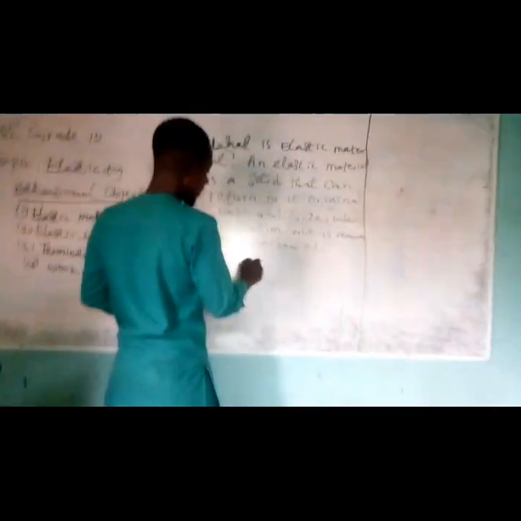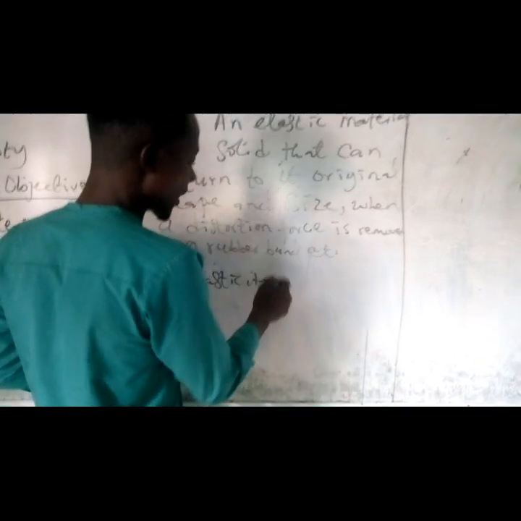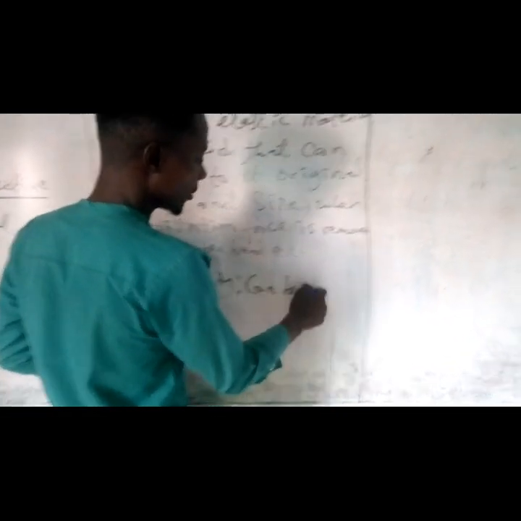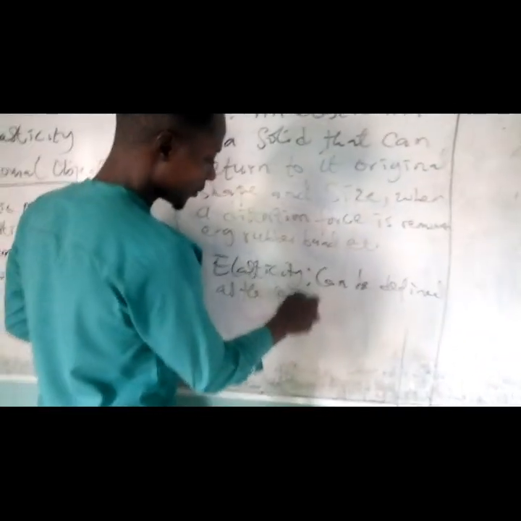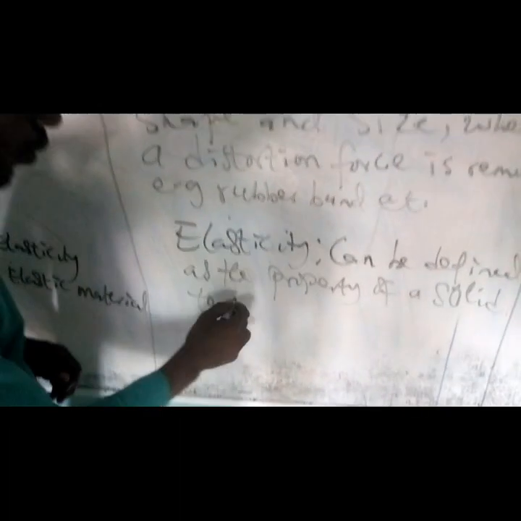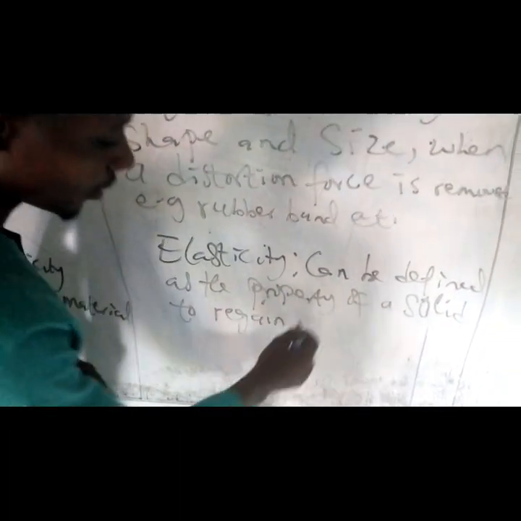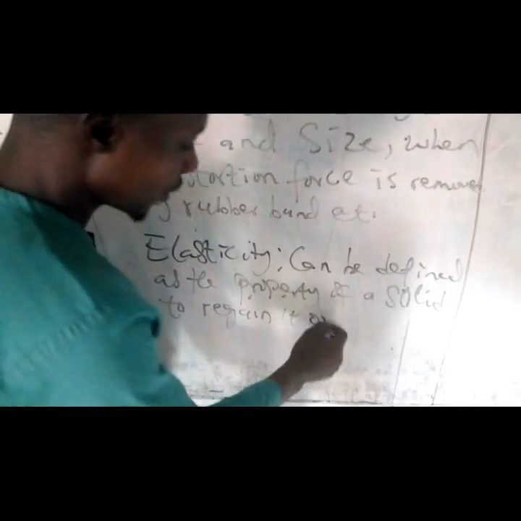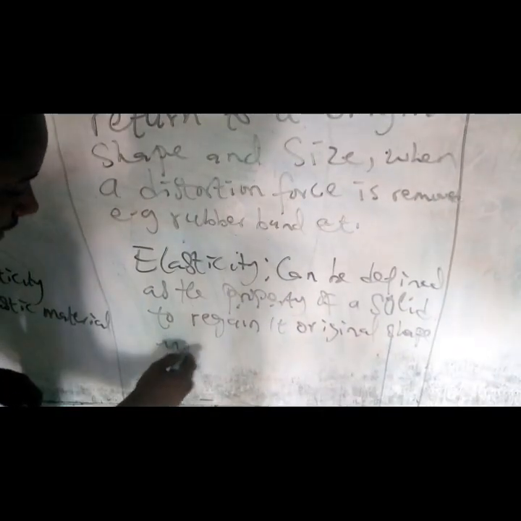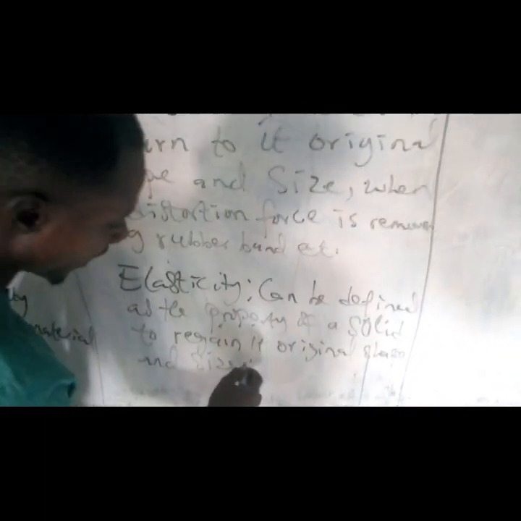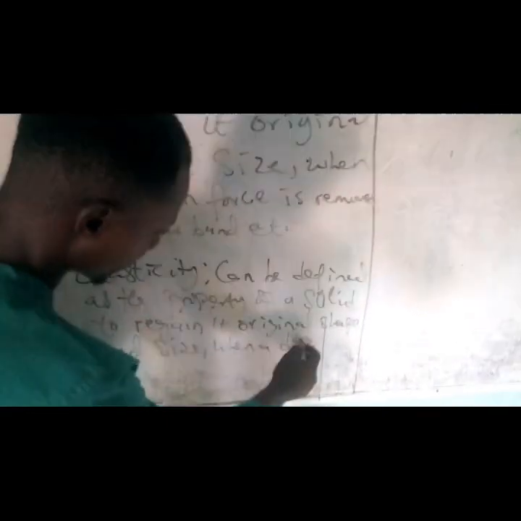Then we want to look at elasticity. Elasticity can be defined as the property of a solid to regain its original shape and size when a distortion is removed.